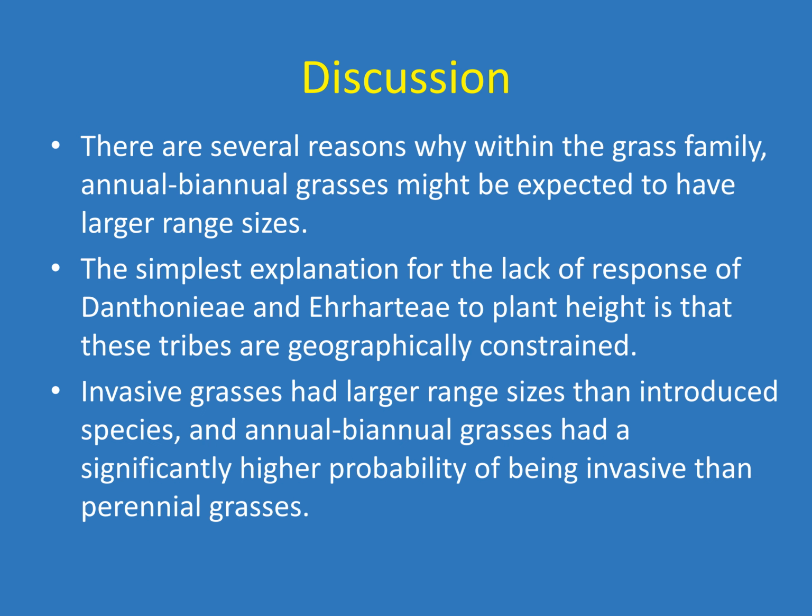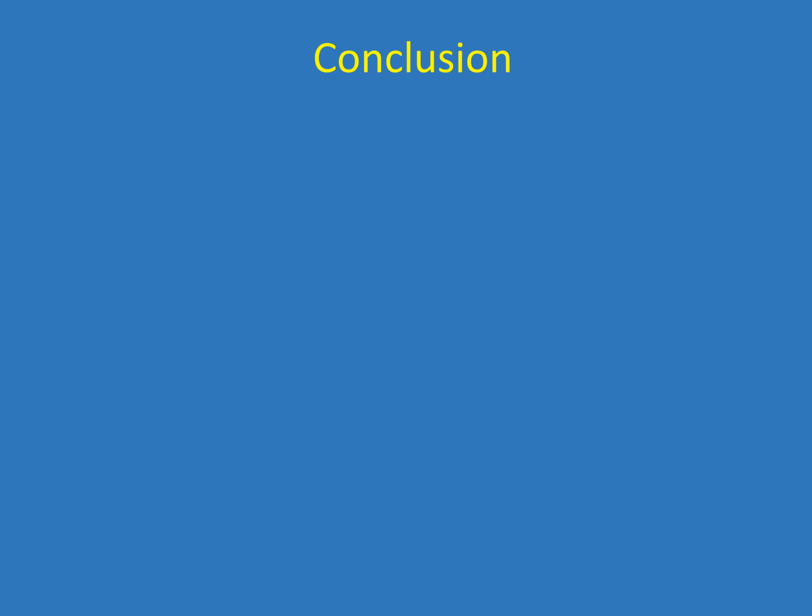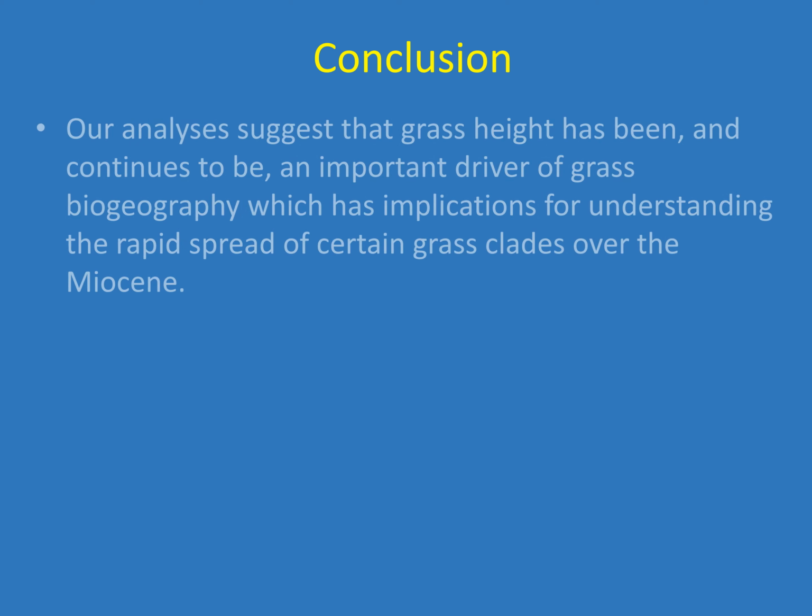Invasive grasses have larger range sizes than introduced species, and annual-biannual grasses had a significantly higher probability of becoming invasive than perennial grasses.